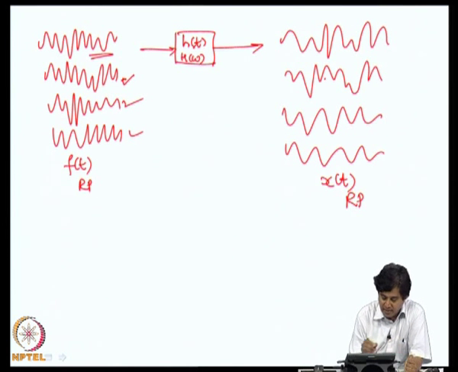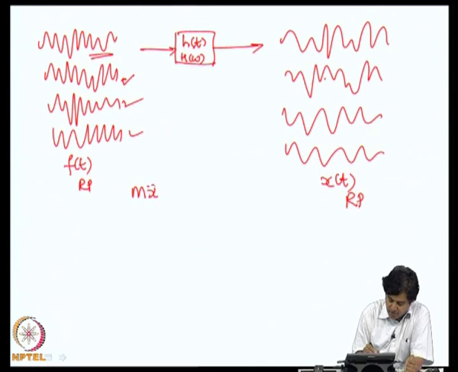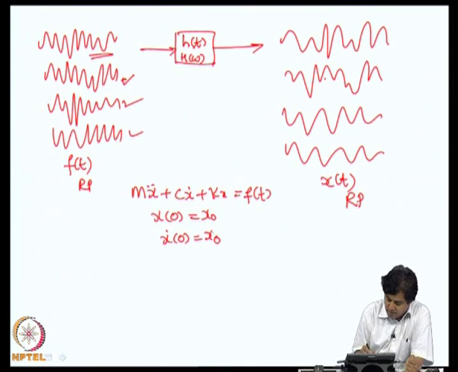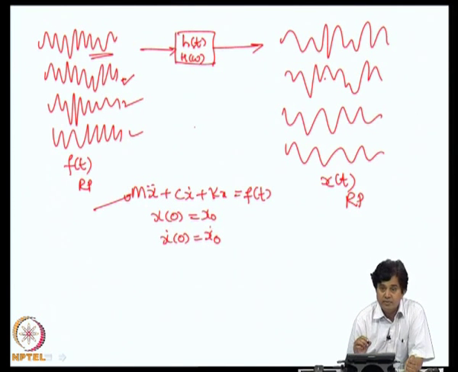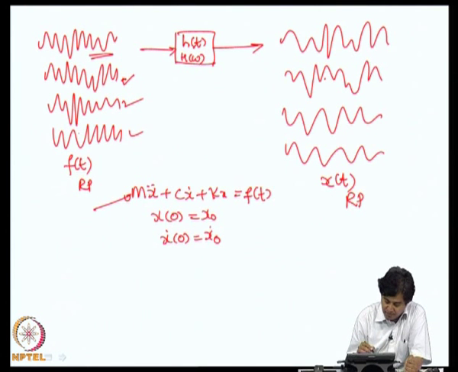When I write this equation m x double dot plus c x dot plus k x equal to f of t with the associated initial conditions, this equation itself represents an ensemble of equilibrium equations, because f of t is an ensemble, consequently x of t is also an ensemble.